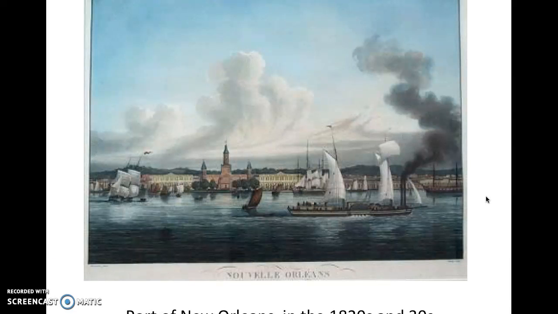This is, I'm sorry, the caption is cut off. This is the Port of New Orleans in the 1820s and 30s. In the Cotton Kingdom, the only city of significant size was New Orleans. With a population of 168,000 in 1860, New Orleans ranked as the nation's 6th largest city.